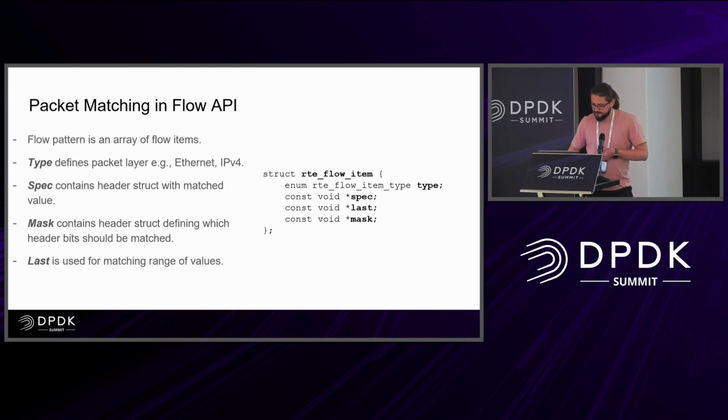We have the mask, which defines which bits of the header we want to match on, so that the hardware will only look at those and the rest will be disregarded during the matching. And we also have a last, which defines the end of a range. If we wanted, for example, to match on a range of IP addresses, then spec and last will define from which address to which address we'll match.